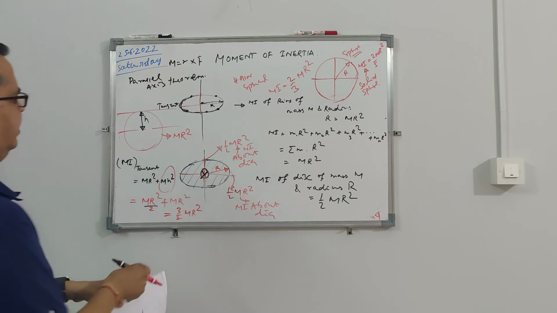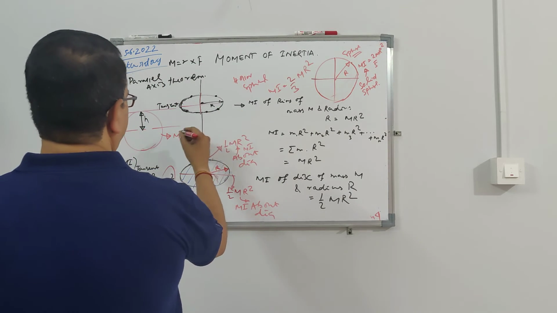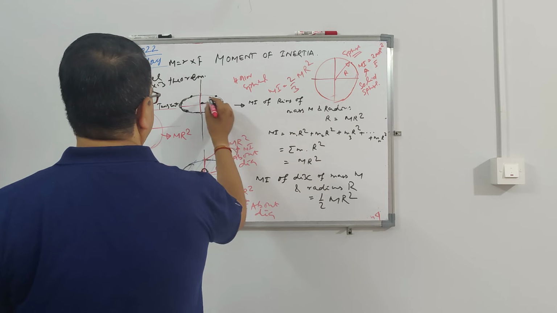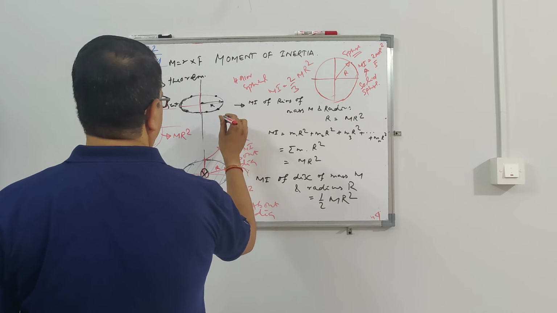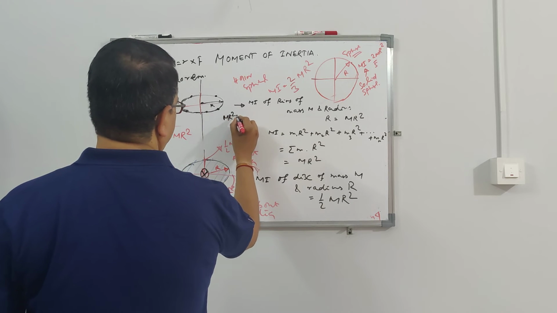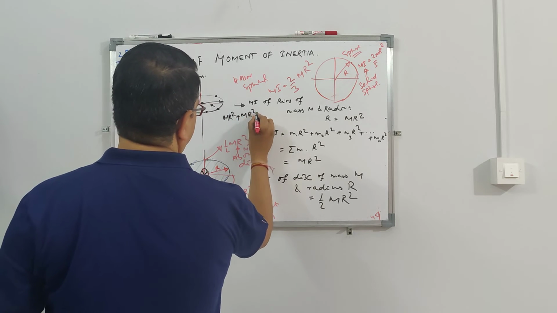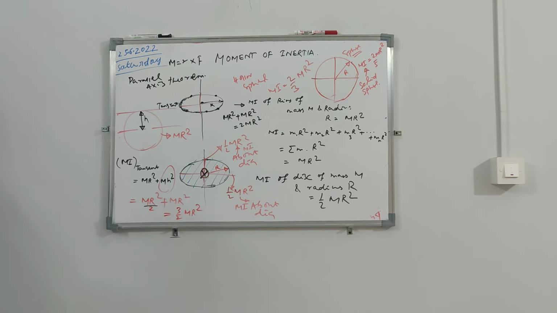A similar principle holds good here also. For a ring, it will be mr square plus mr square, equal to 2 mr square for the ring. For the disk, 3 by 2.